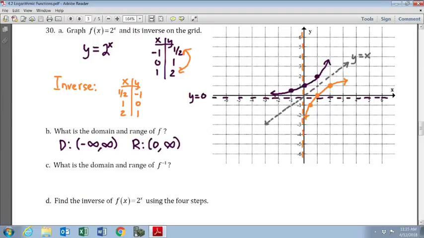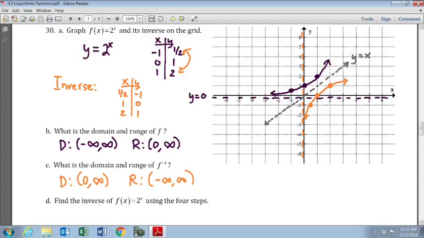So 0 to infinity would be your range. And now we could do the same thing with the orange graph, but we learned previously with inverses that we just need to flip the domains and ranges here. So the domain of f becomes the range of the inverse, and the range of f becomes the domain of the inverse.